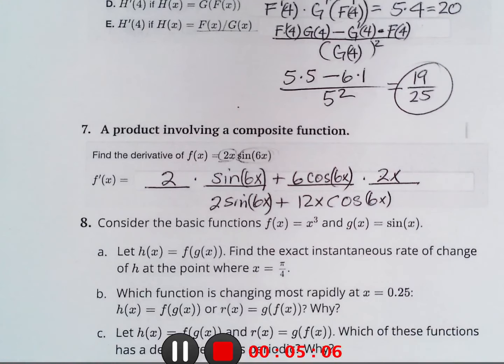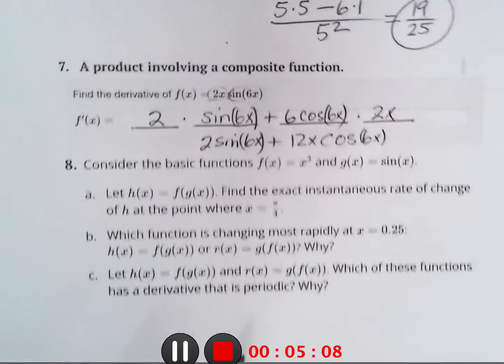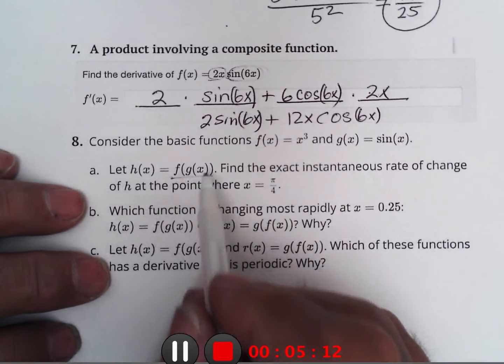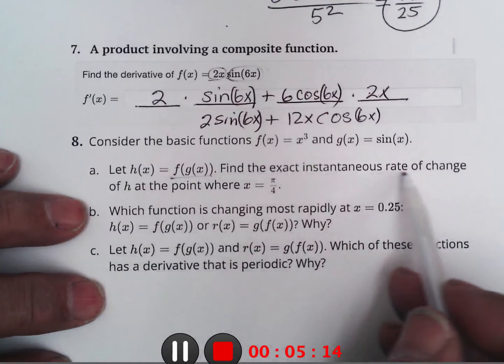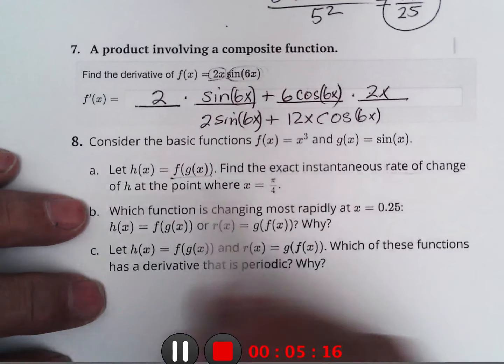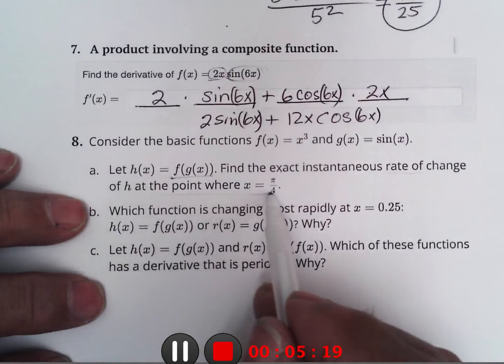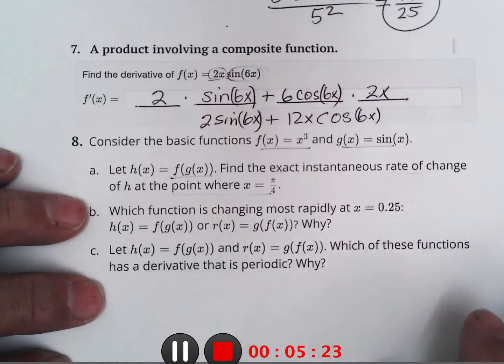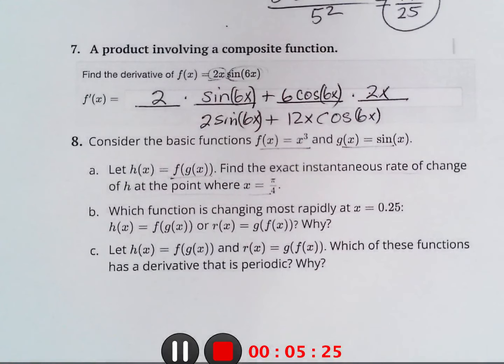That's 7. 8. So we have a composite function and find the exact instantaneous rate of change at this value. Here's f of x and here's g of x. So let's pull up some paper to do this one on.